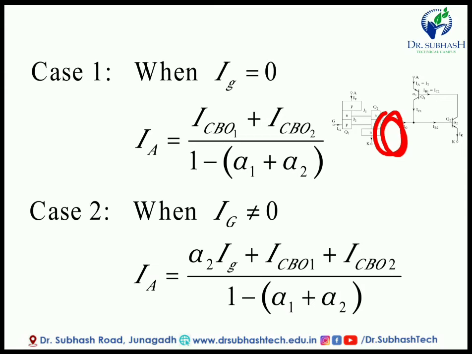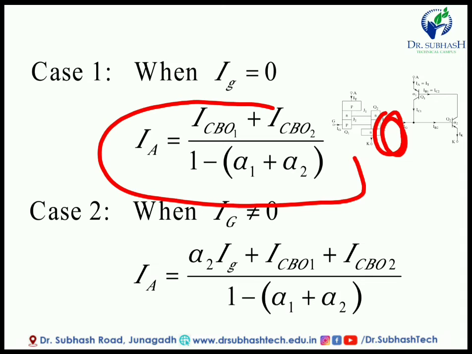At that time only reverse current or minority charge carrier current flows, which is related to ICBO. So the anode current is ICBO1 plus ICBO2 divided by 1 minus (alpha 1 plus alpha 2), and it is only due to the minority charge carriers, meaning the SCR is in blocking mode, so it is not allowed to flow the anode current. So we can say that IG equal to 0 corresponds to blocking mode.